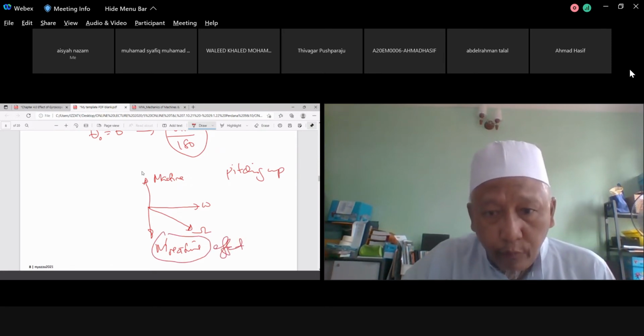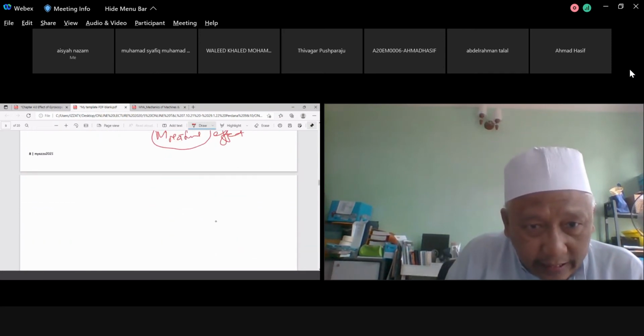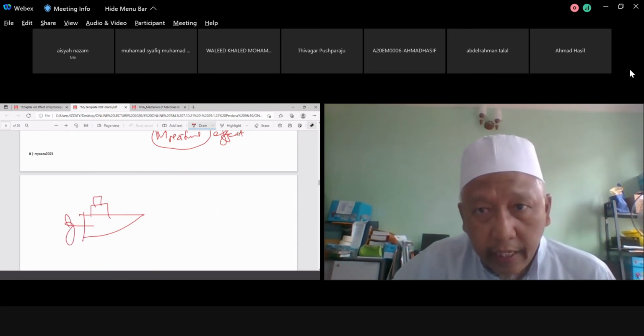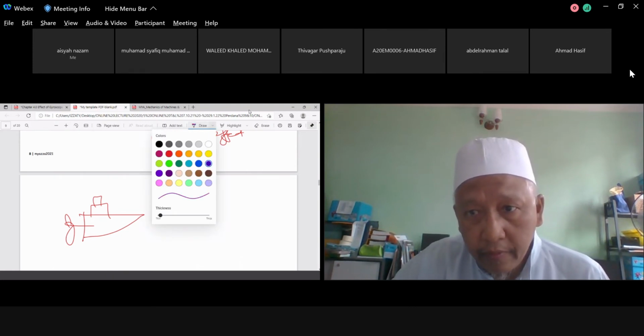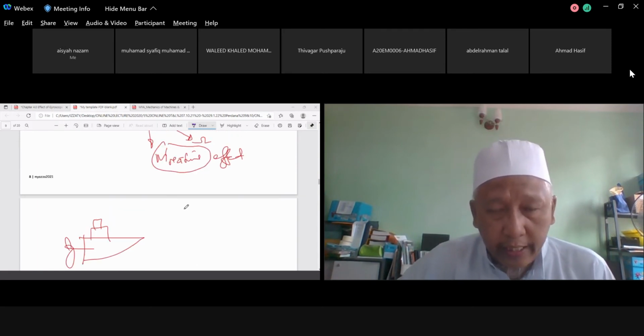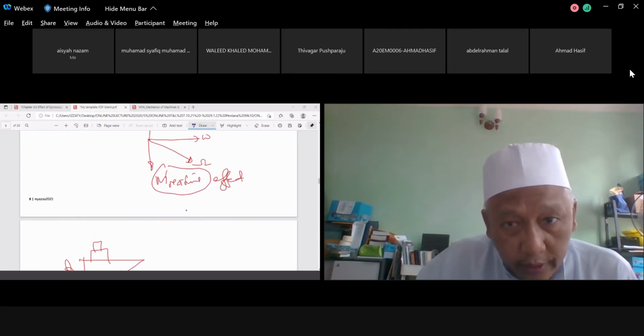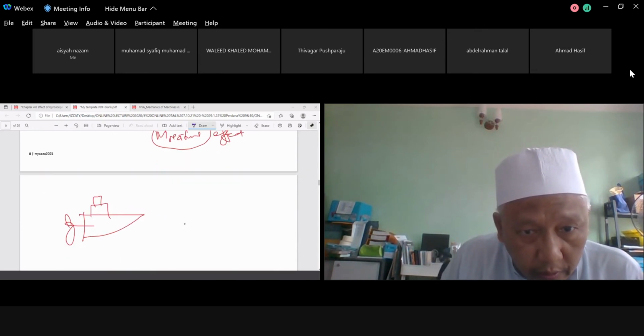If you put this on a ship, let's say this is the ship, look here, pointing downward, correct? So an M reactive pointing downward.